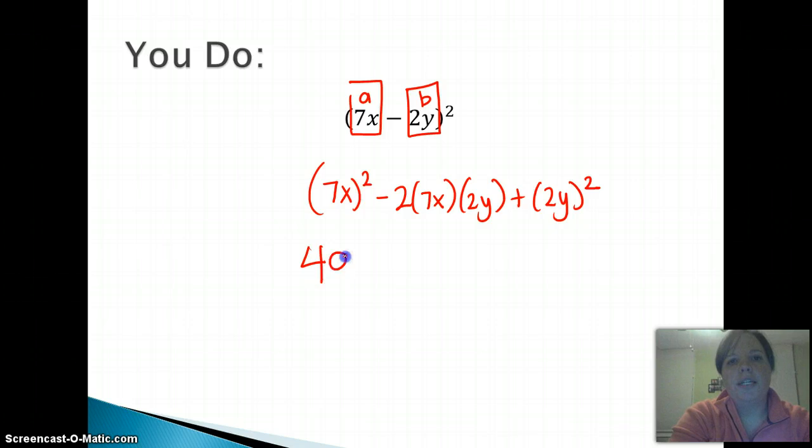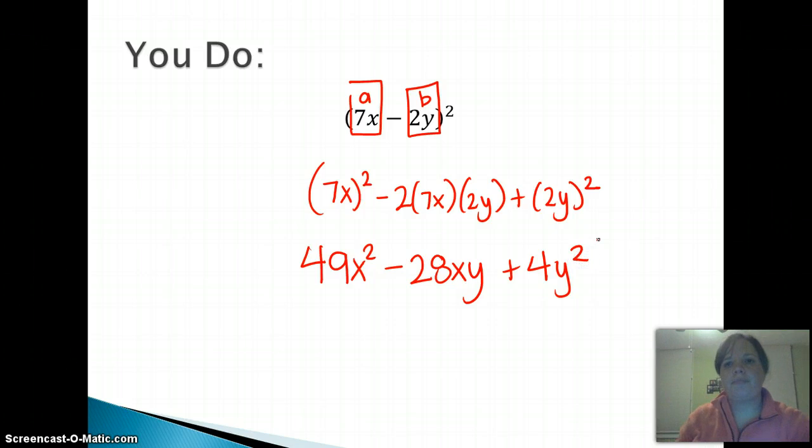So that'd be 49x squared minus 14 times 2 is 28xy plus 4y squared. So again, a squared minus 2ab plus b squared.